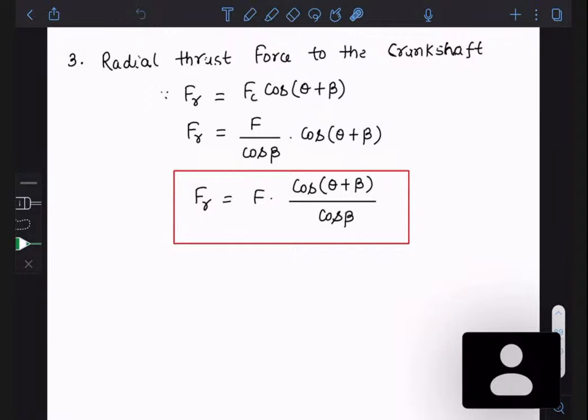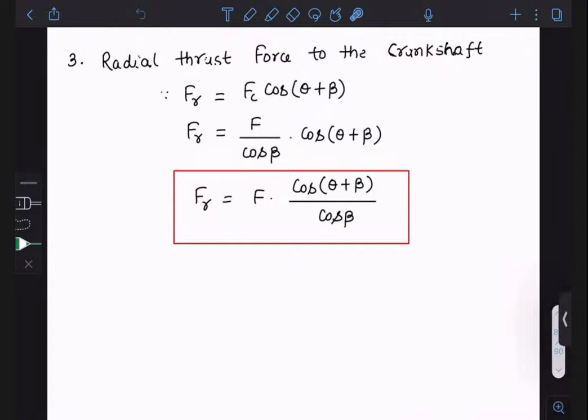Now see, my dear. Turning moment we have to find out. The tangential force acting on the crank or crankshaft.